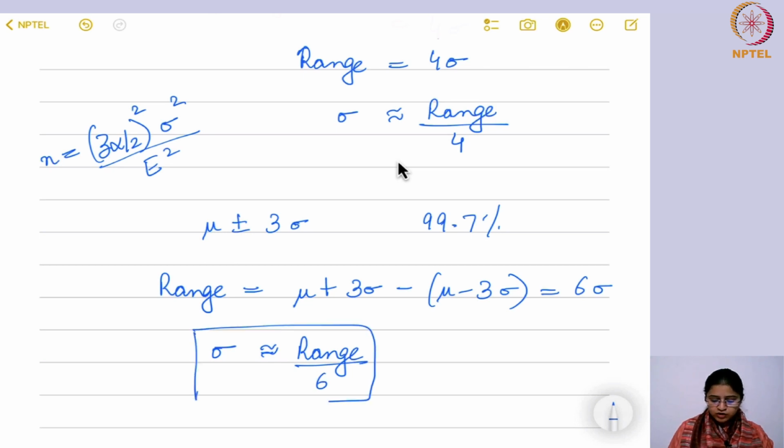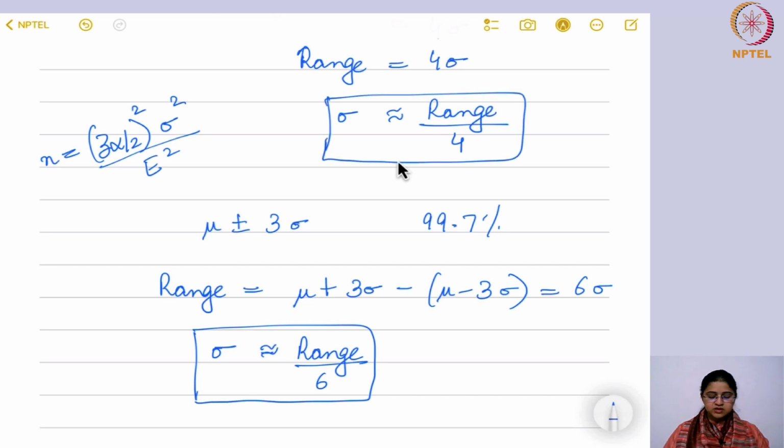Here, if you compare this one and this value, here we are dividing by 6, and in this case we are dividing by 4. So if I consider the second one, that is if I divide by 6, then this sigma would be a lesser quantity. It would be less than what you have obtained over here. If I take sigma less, then the sample size would also be less, because here it is directly proportional, right?